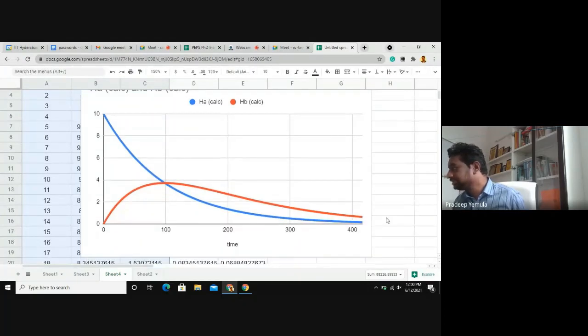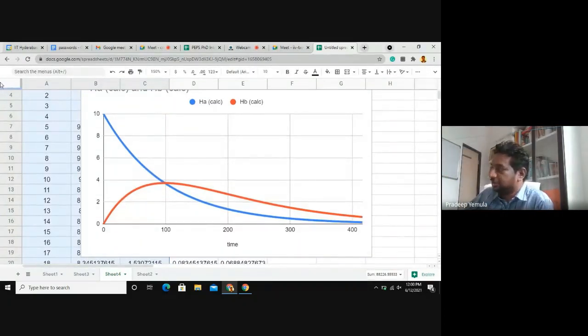Okay, so like this you can see, the first one is common. You already know the blue color line, we already did that. Whereas the red color line is the interesting one. It increases and attains a maximum value. At this point, both are having equal height and it's exactly matching with 100. Because 100 is the time constant, at 100 both are matching.